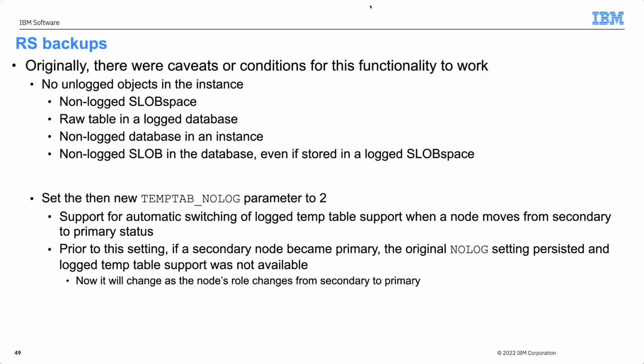Everything had to be logged in order to do a backup from the secondary. Scott already talked about the temp table no log parameter and what that means for secondaries that could potentially migrate to being a primary. And we strongly recommended that you set it to 2.